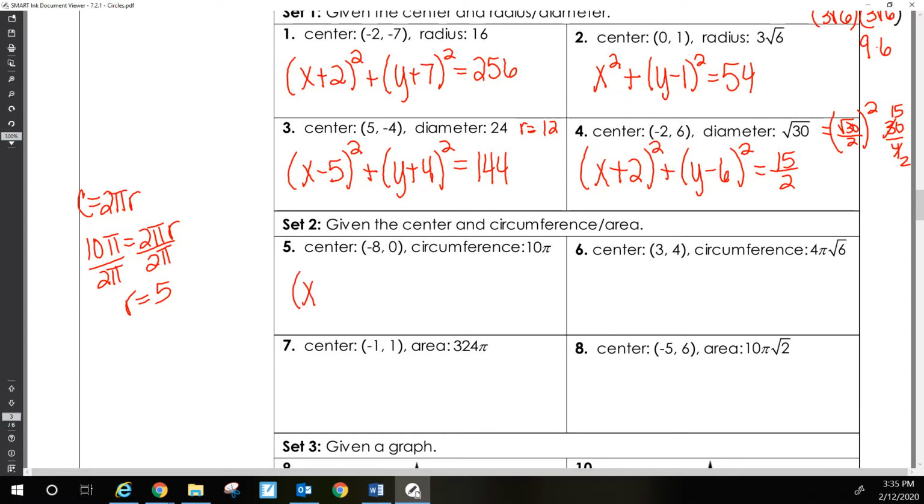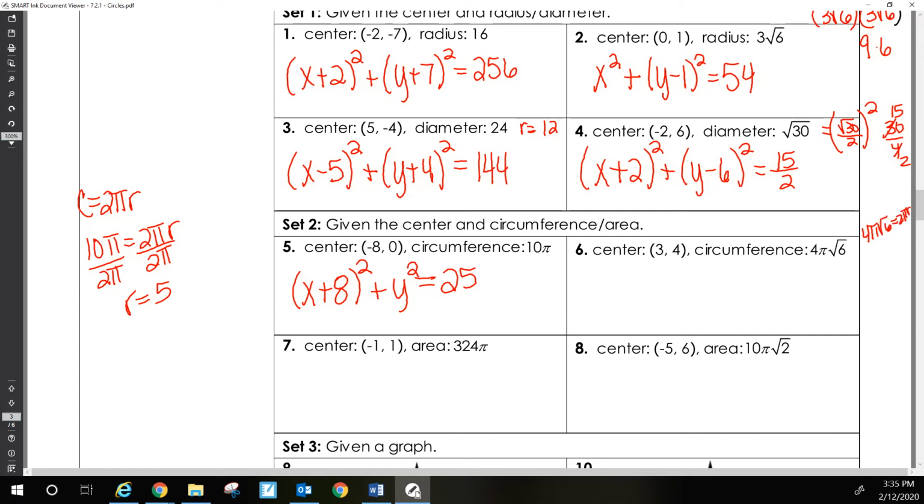So x minus negative 8 would be (x plus 8) squared plus (y minus 0), but we're not going to write that, squared is equal to my radius squared, which is 5 squared, which is 25. All right, for this one here, 4 pi square root 6 is my 2 pi r.